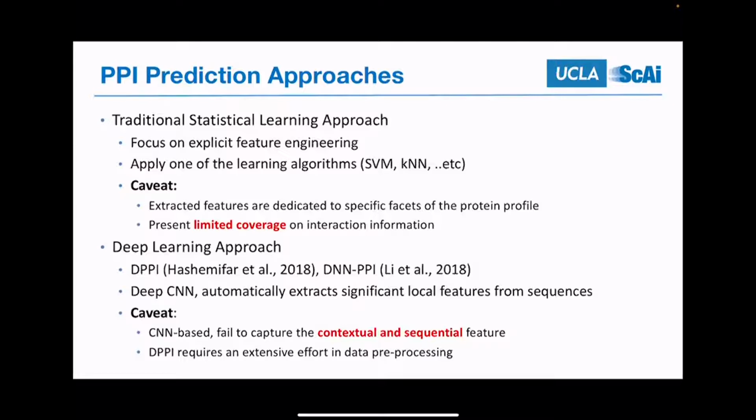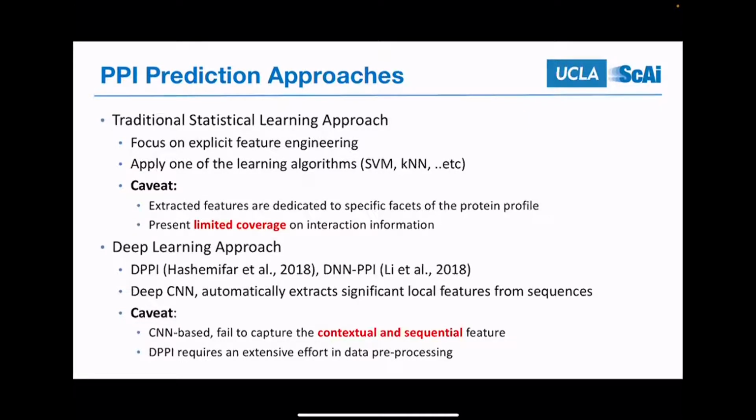We grouped them mainly into 2 categories. The first category is basically the traditional statistical learning approach, for example, K-nearest neighbor, support vector machine, or some statistical test. The limitation of this group of approaches is that they mainly rely on quite sophisticated feature engineering, and a statistical model built on top of that.